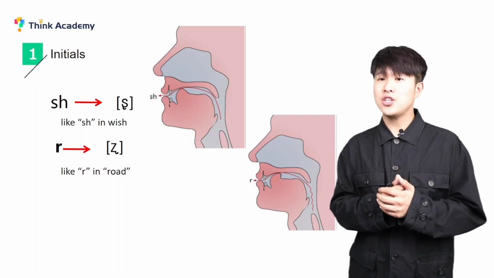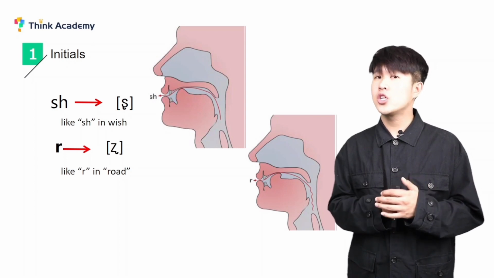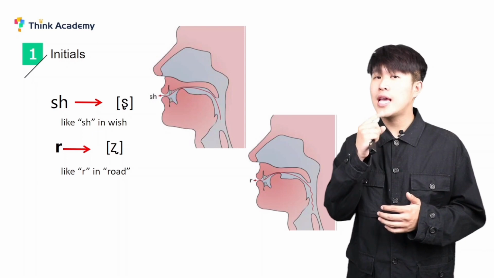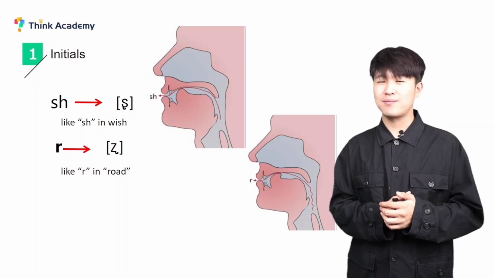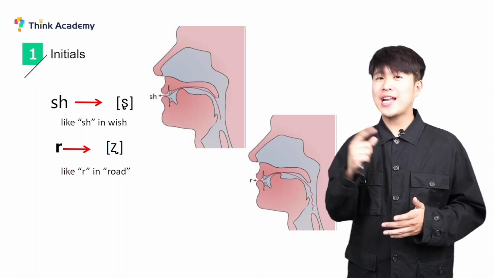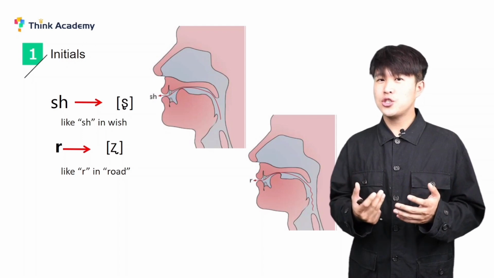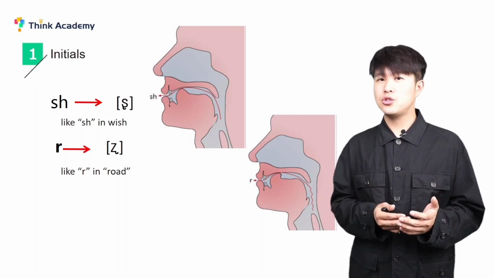Here are the tips for these pronunciations. The pronunciation of zhi is basically the same as that of shi, except that the tip of the tongue is slightly rolled up and the vocal cords vibrate while pronouncing. Okay, read after me. The first one, shi, shi.